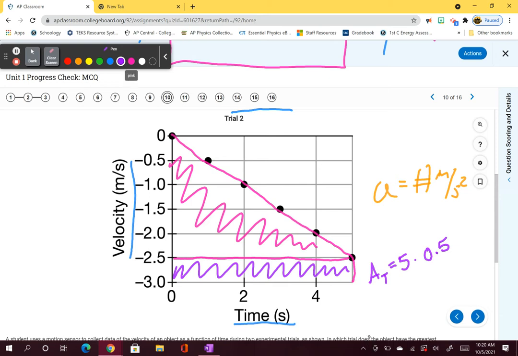And for your triangle, I don't know why I put it, sorry, that should be for rectangle. There you go. For your triangle, it's 1/2 base times height. So again, your base is 5, and your height is 2.5.